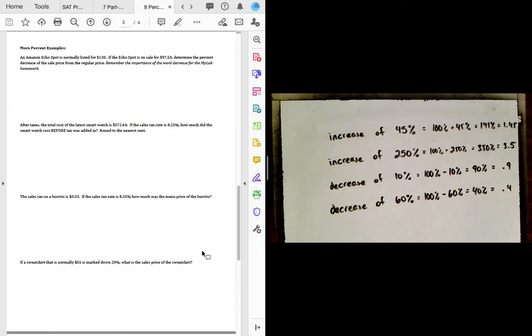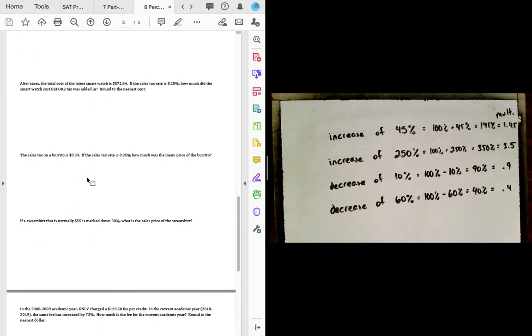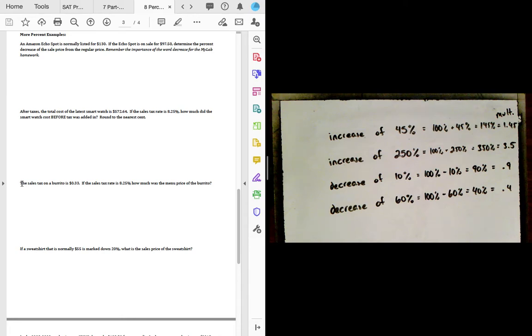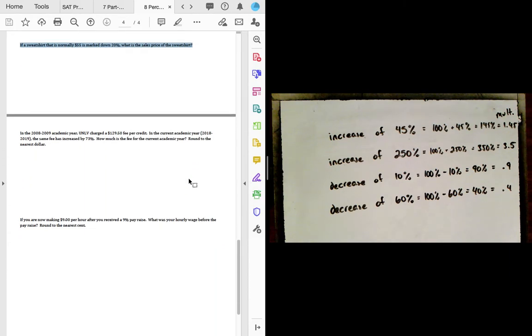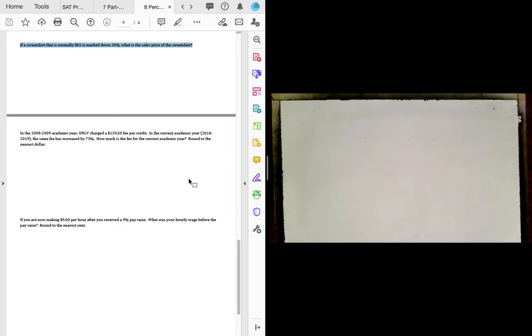Now that we know how to work the multiplier, it'll be really useful in the problems that we're looking at here. So let's look at one. A sweatshirt that is normally $55 is marked down 20%.